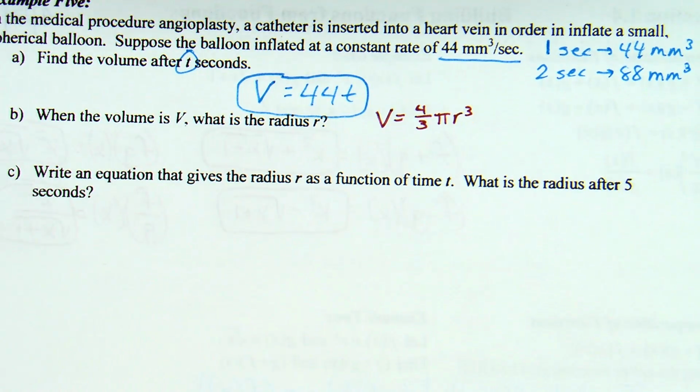So what do I need to do with this question? If they're asking what is the radius, okay, we need to solve for R. Okay, so how do you want to solve for R?